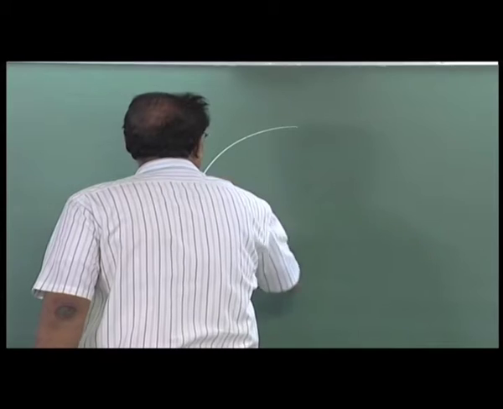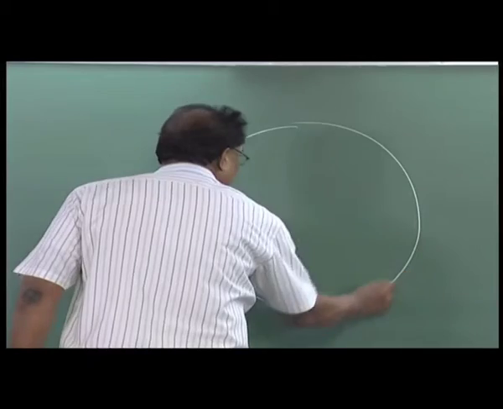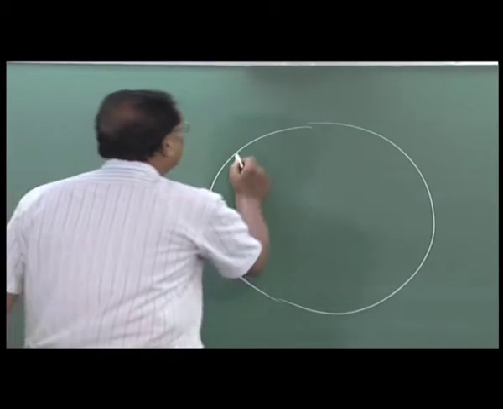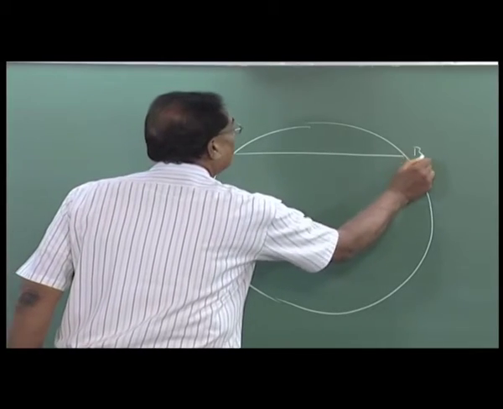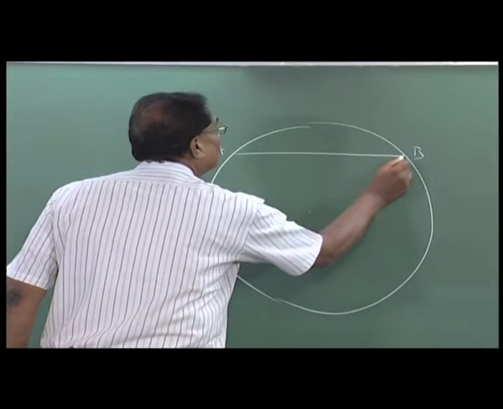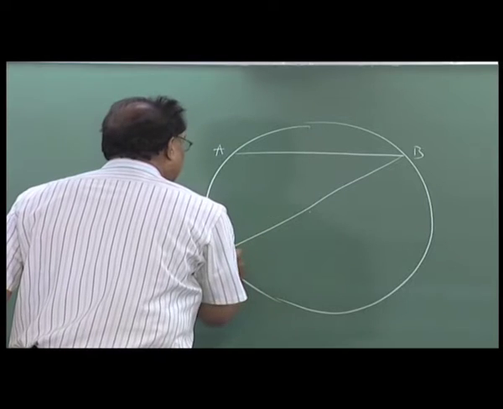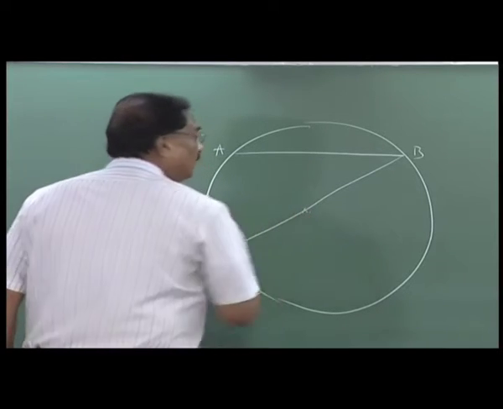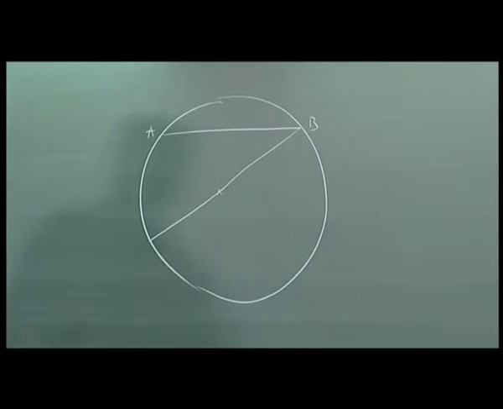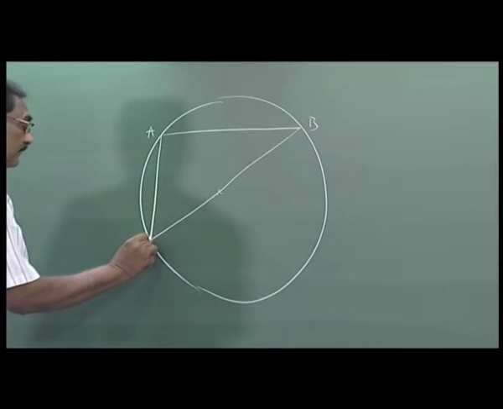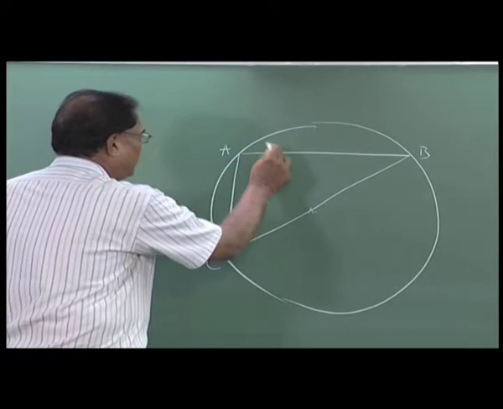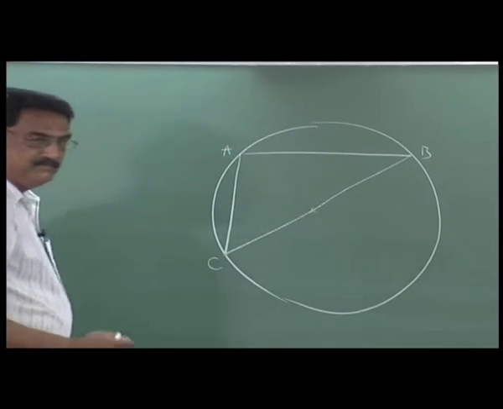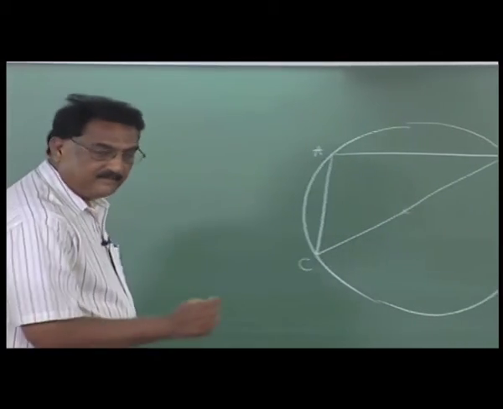What you are having, it is better to write the figure on the board also. So, this is your AB. Suppose this is your diameter, okay. Call this C. This need not be, of course, it can be small or large, but it will be within this semicircumference.